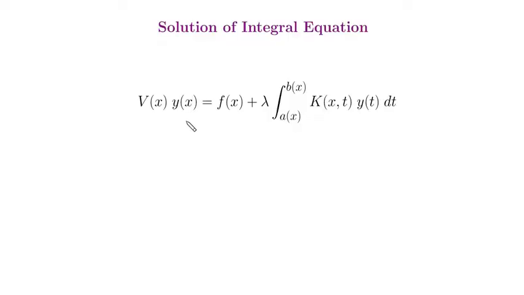As we have already seen, the general form of linear integral equation is given by this: V(x) y(x) equals F(x) plus lambda integral from a(x) to b(x) K(x,t) y(t) dt. Now again, lots of classifications are there.